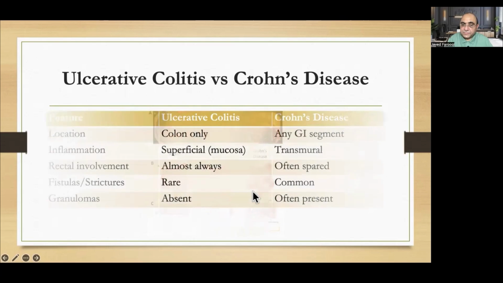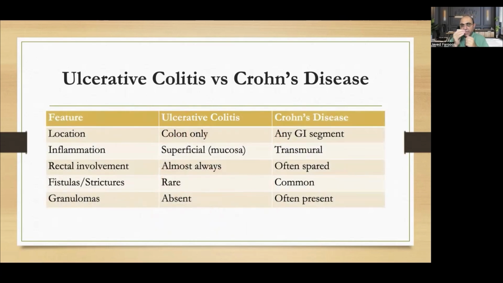So, if we enumerate the differences between ulcerative colitis and Crohn's disease: ulcerative colitis affects the colon only. The inflammation is superficial, confined to the mucosa. There is almost always rectal involvement.